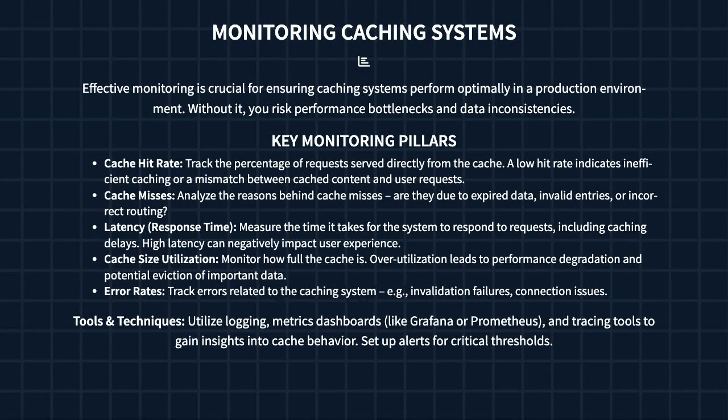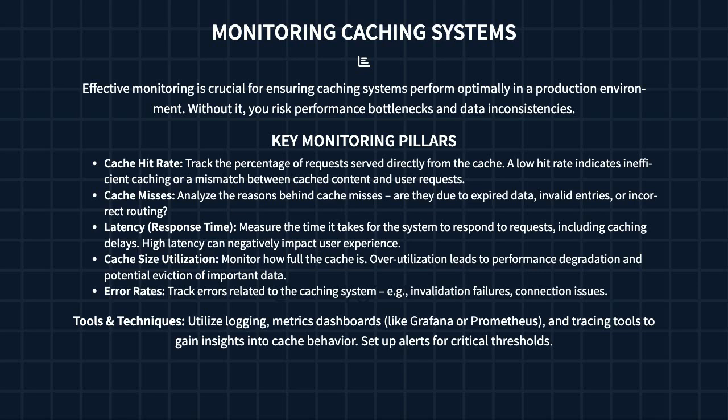Okay, let's talk about monitoring your caching systems in a production environment. It's absolutely vital. You wouldn't want performance problems hiding in the shadows. We need to keep a close eye on a few key things. First, we check the hit rate, which tells us how often we're actually serving content from the cache instead of going back to the origin server. Next, we look at cache misses. Understanding why this happens is super important for optimizing our caching strategy.